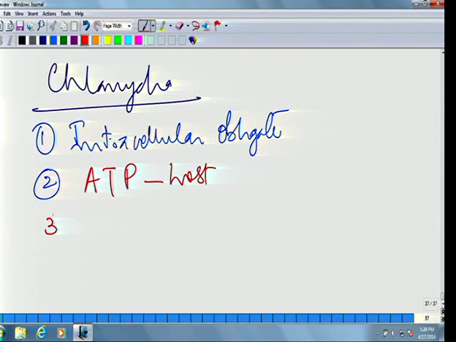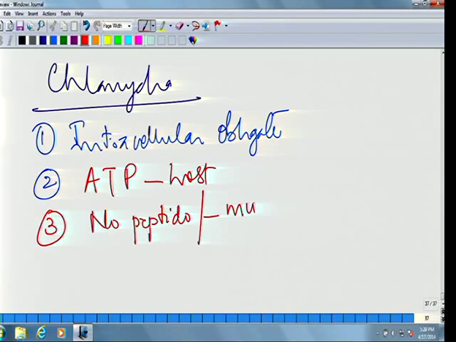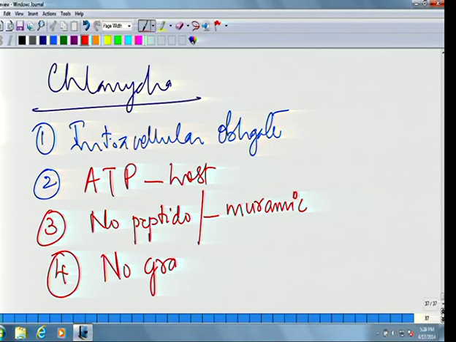Okay? Don't forget that. And no peptidoglycan, also called muramic acid. Then, no gram stain, obviously because it does not have any. Okay. These characteristics of chlamydia are very, very, very important.